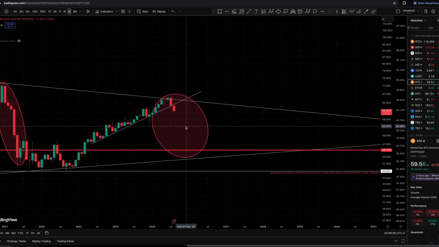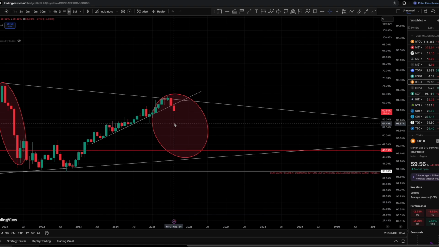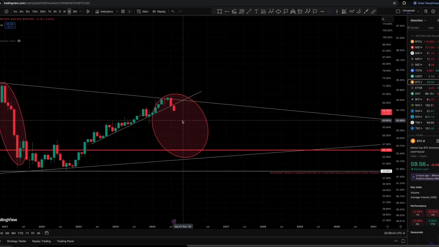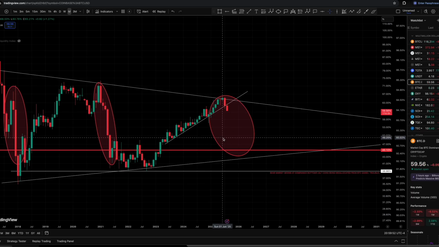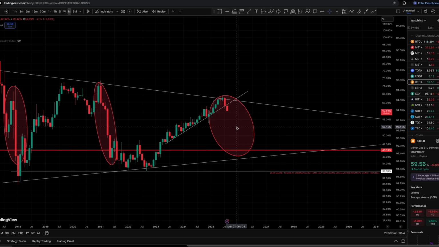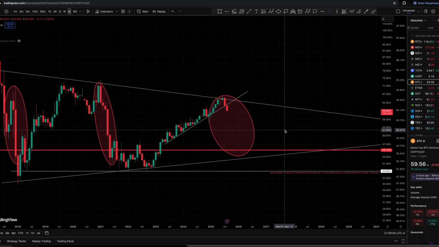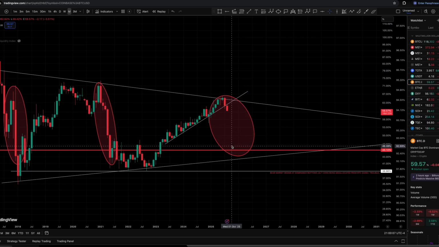If we were to have it at 5 months from this candle, then that would put us at 1, 2, 3, 4, 5 would be November, and then 6, 7, 8 would be February. If we were to just play it in between, say 6 or 7, you're looking at that December, maybe January area is when we could potentially touch this if altcoin season actually does play out, where altcoins are starting to outperform Bitcoin.